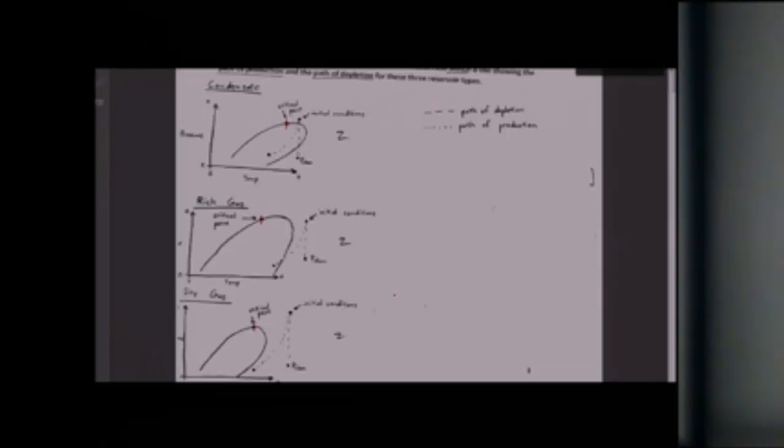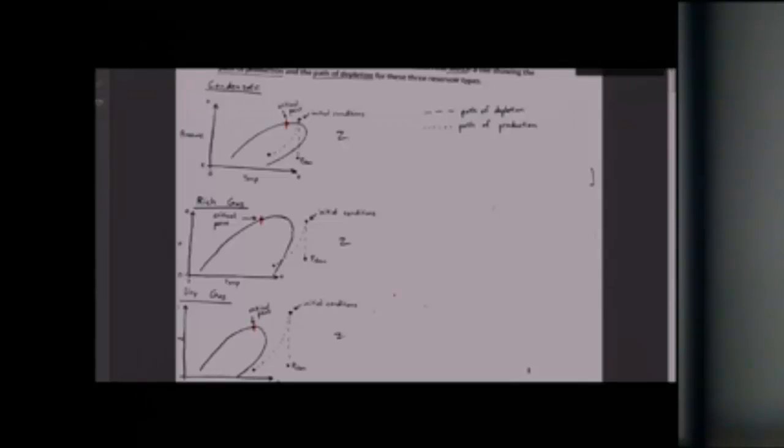Okay? Anything to the left of the critical point is what type of reservoir? Oil. It's an oil reservoir. So if you had an initial point on your reservoir that was left of the critical point, you were not answering this question, because I'm only talking about gas.